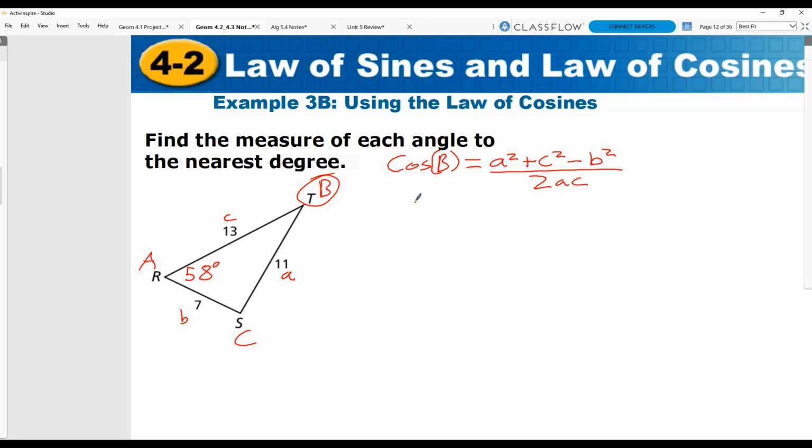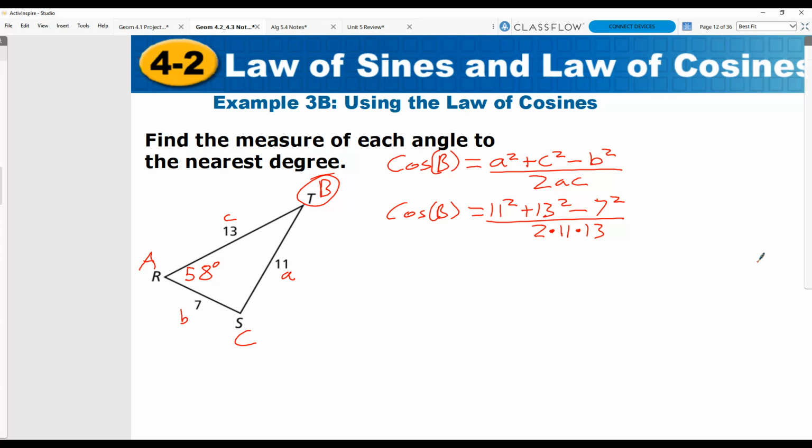Okay, so let's fill in some numbers, do some calculating. Cosine of b is going to equal, now just fill in your numbers. You have 11 squared plus, for c, we have 13 squared minus b, which is 47 squared, all over top of 2 times a, which is 11, times c, which is 13. Okay, so we got all their numbers in where they go.